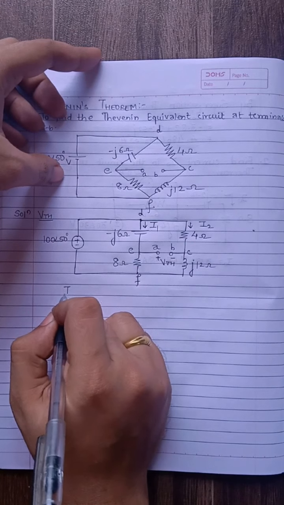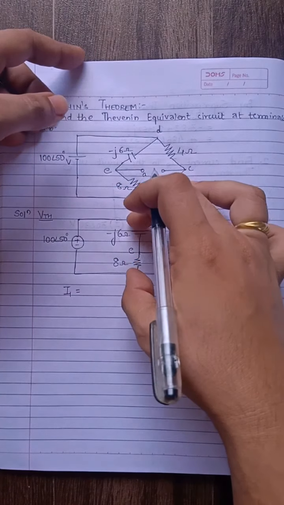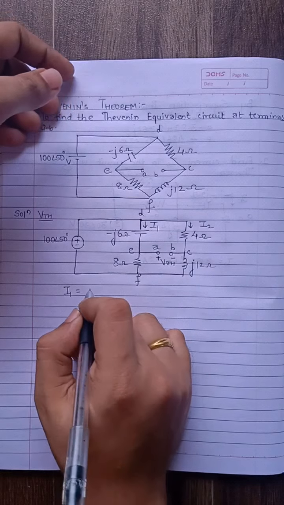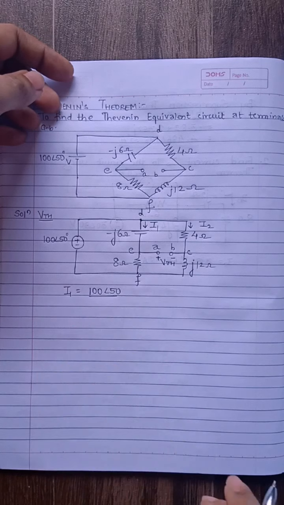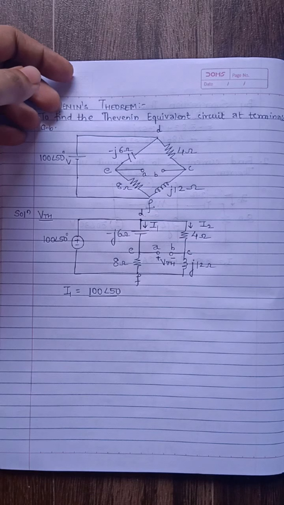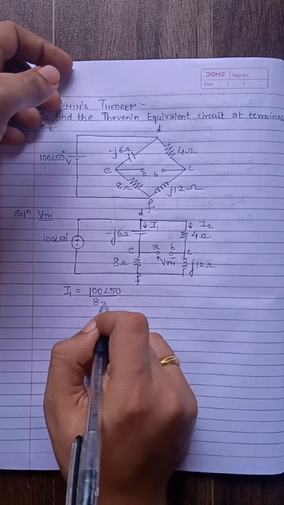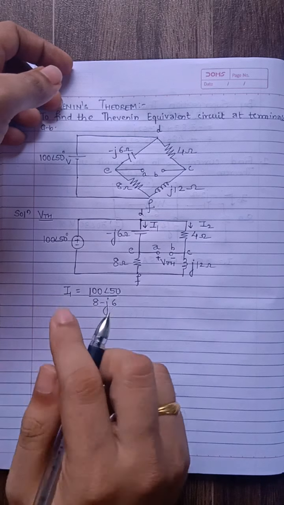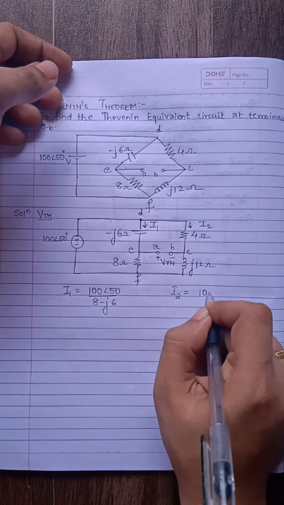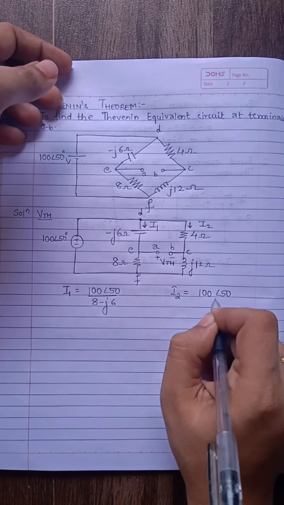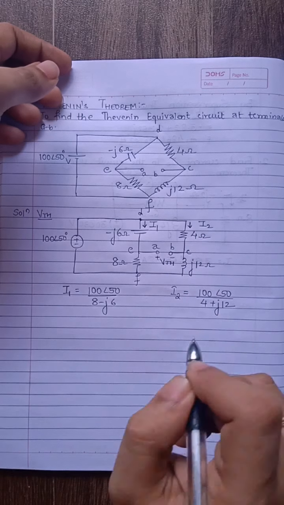Now I1 I can find as the total voltage is the same across all the branches. Total voltage upon total resistance gives the current I1. So 100 at an angle 50 upon 8 minus J6 gives I1, and for I2 it will be 100 at an angle 50 divided by 4 plus J12.